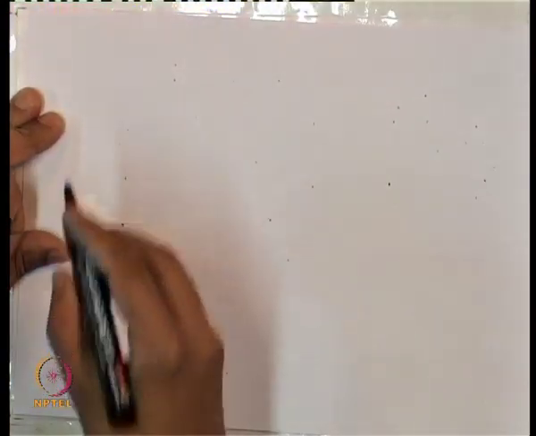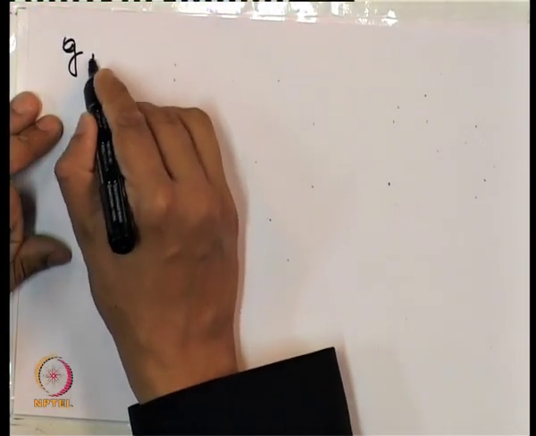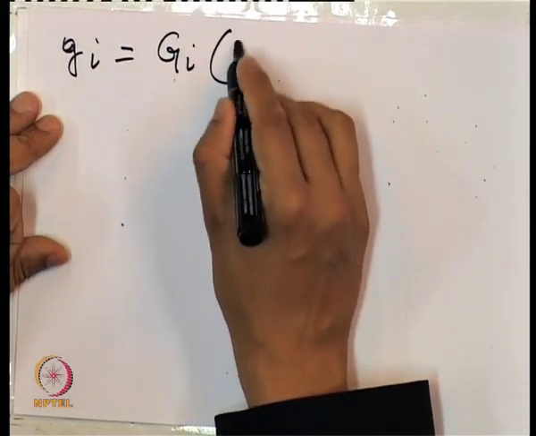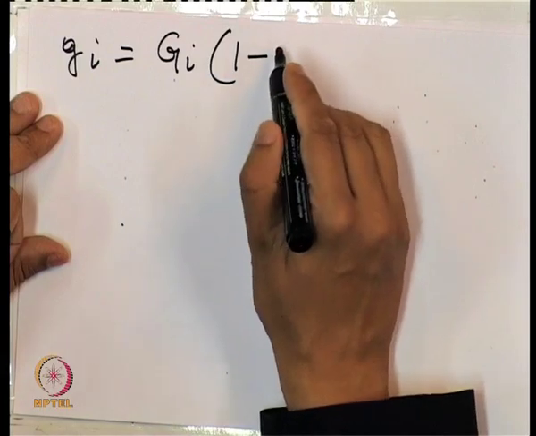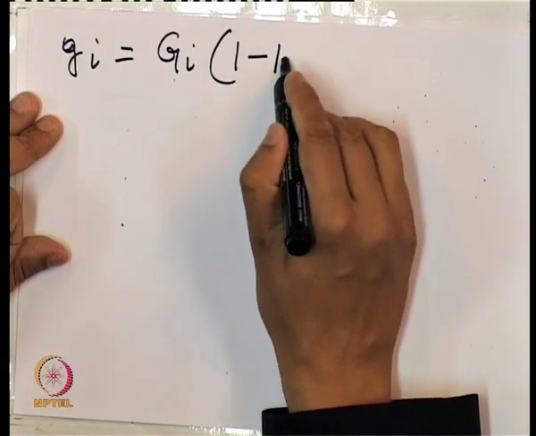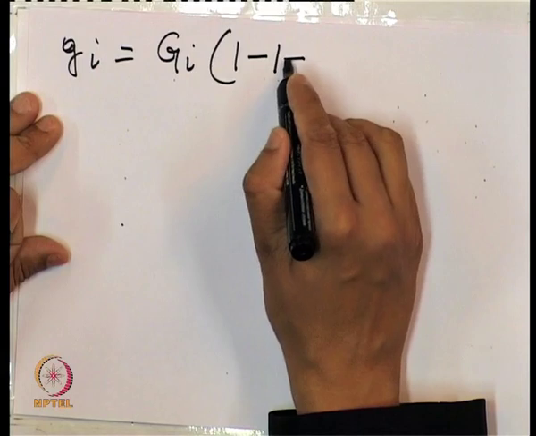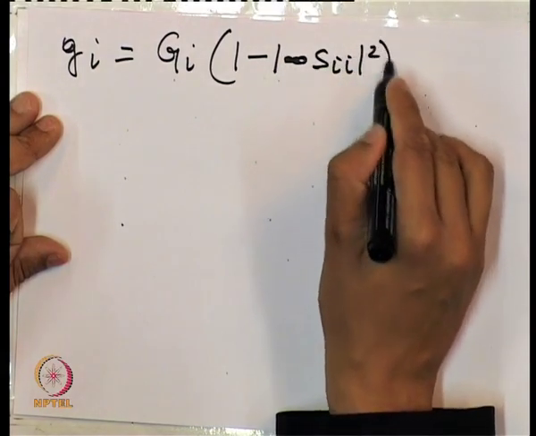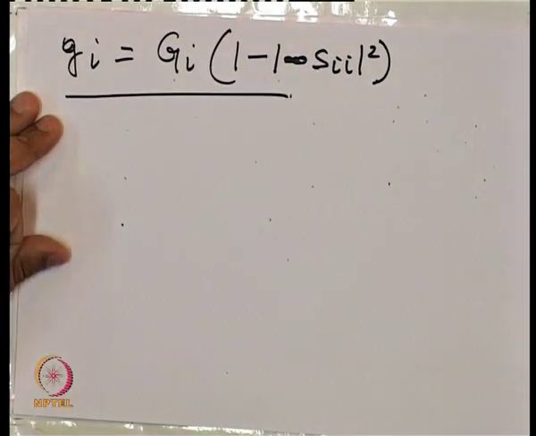Small gi is equal to, so the definition remains the same.